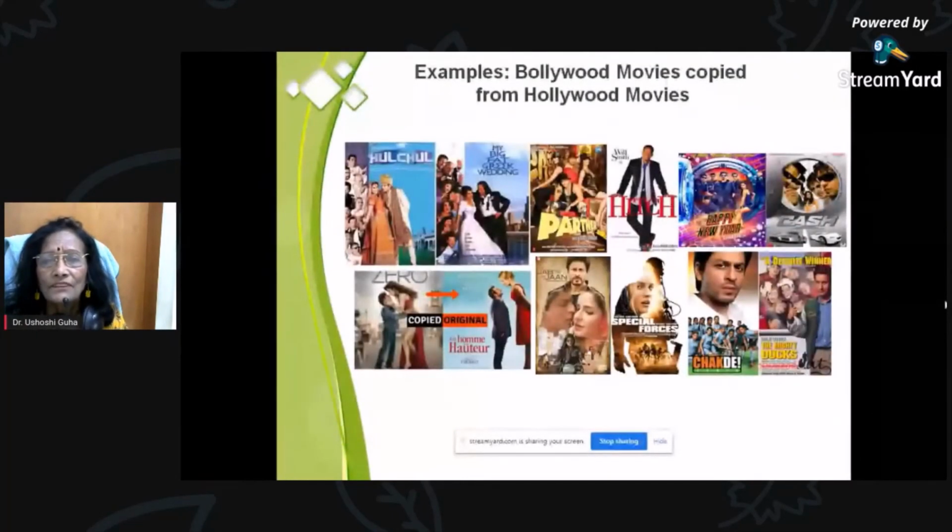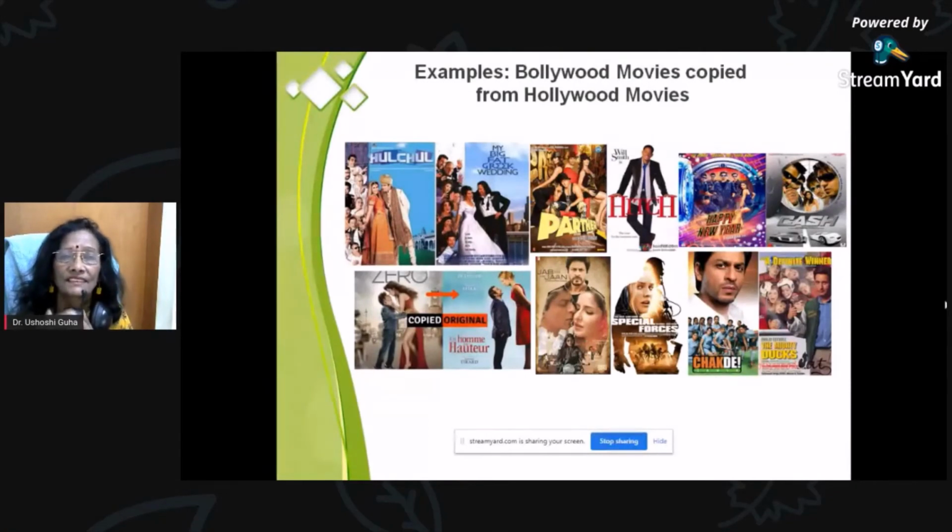Few of the famous movies are copied from Hollywood movies, and they are under court proceedings. Now, court proceedings many a times are settled. The court itself says that civil remedies are given, they are settled, and there are very few which have gone up to the High Court, Supreme Court, and higher courts.